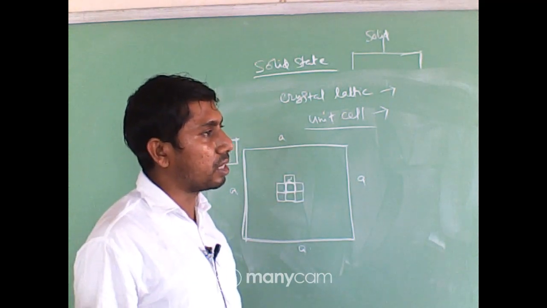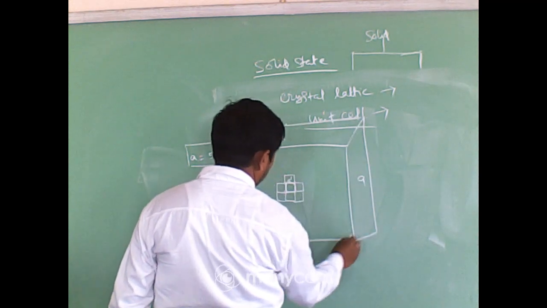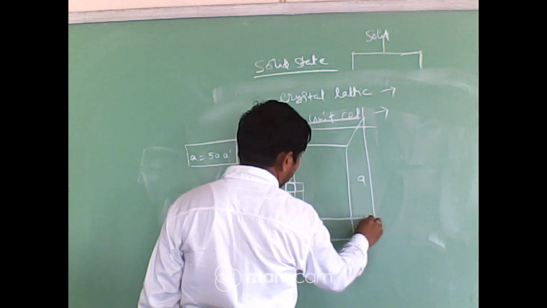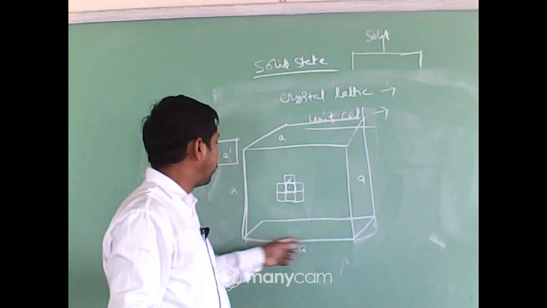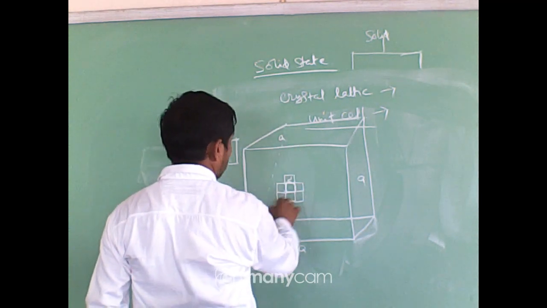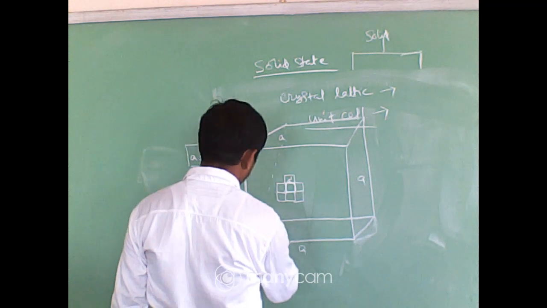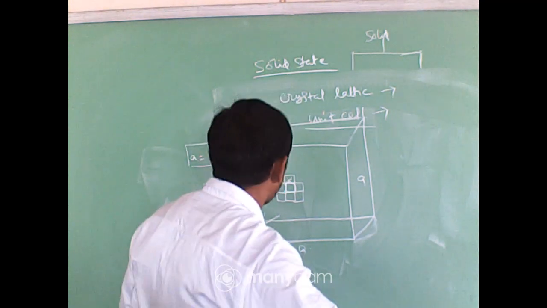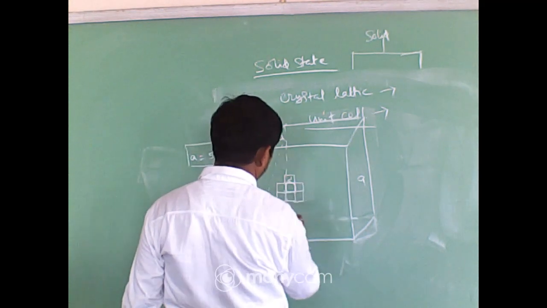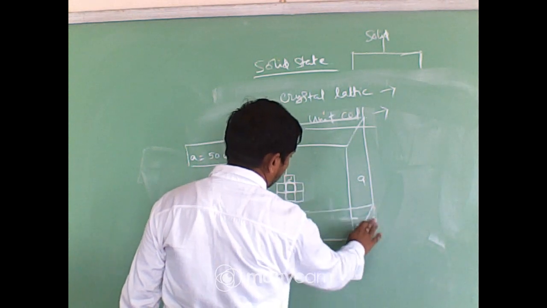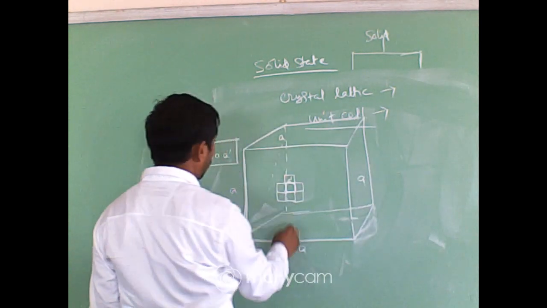If we extend it into 3 dimensions, then for example, how many points do we get? There were 4 points, and now we get an extra 4 points, total 8 points.